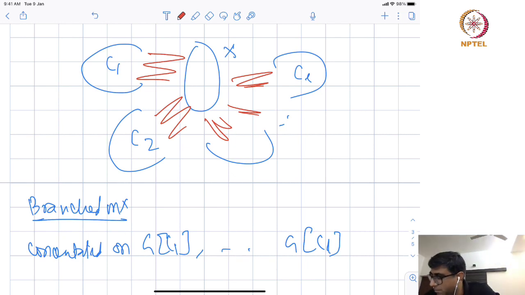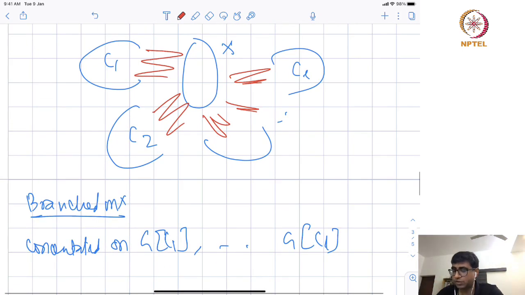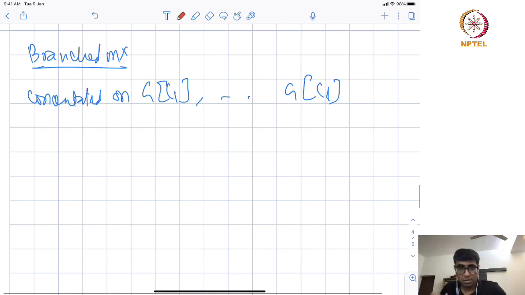So rather than saying, find a decomposition for C1, C2 and so on, the way we will work is so that every edge is counted somewhere.